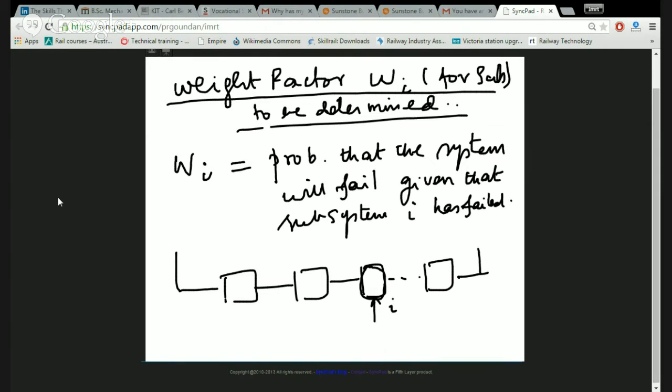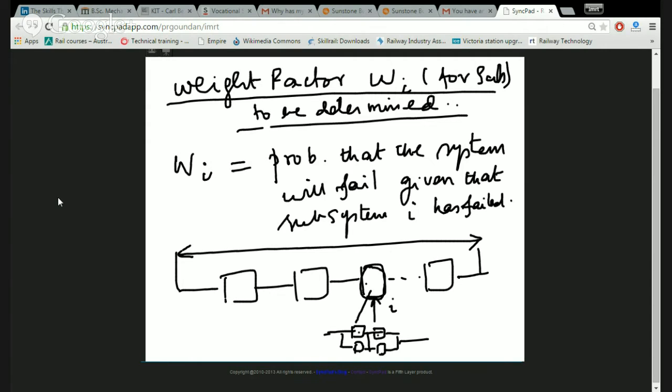As I said, that depends on what is the complexity of the system. If the system has got a very series parallel combination or something like this in the reliability block diagram, then there is a probability that a failure here or here or here or here, any one of the four, may or may not result in the total system failure. It depends on the structure of this.